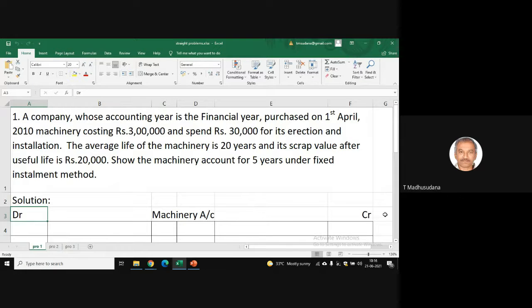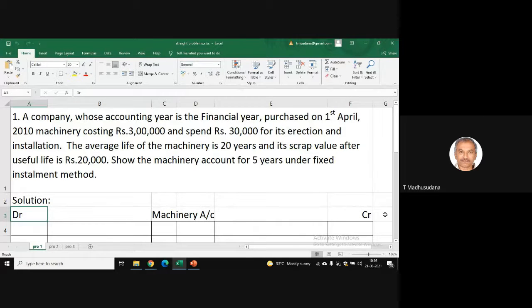You just see the information given in the problem. He has given the cost of the machine and installation charges, the average life of the machinery, and the scrap value. Then what is the question? Show the machinery account. We have to prepare the machinery account for 5 years.